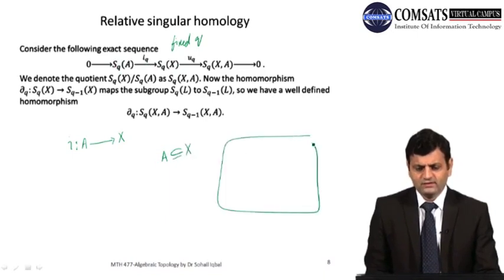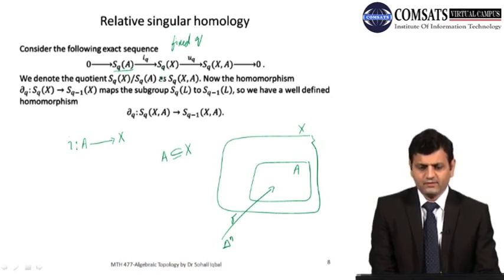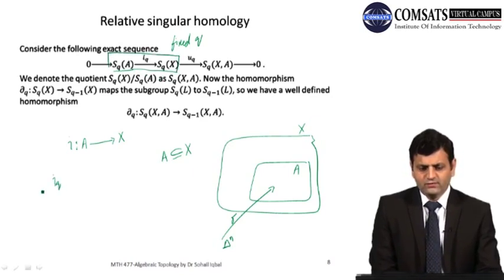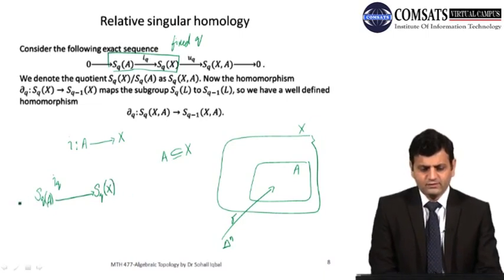So let's say this is X and let's say this is A. When I take a continuous function from the standard q simplex to A, then basically I'm taking a continuous function from the standard q simplex to X, because A is contained in X. That's why we can say that there is an embedding of S_q(A) into S_q(X), so q chains of A to the q chains of X. In other words, there is an inclusion i_q from S_q(A) to S_q(X).